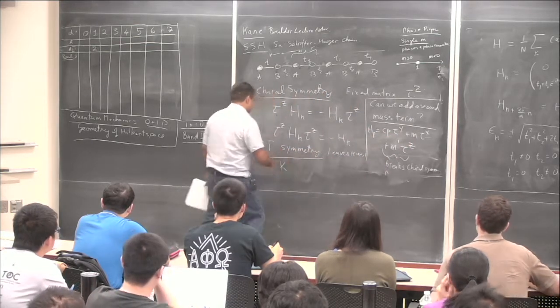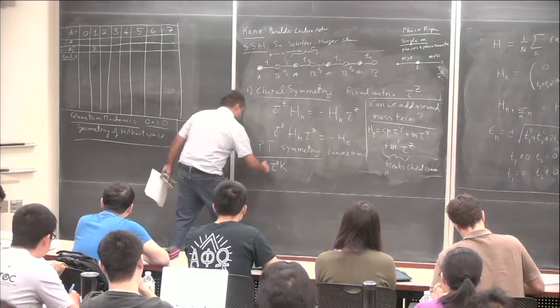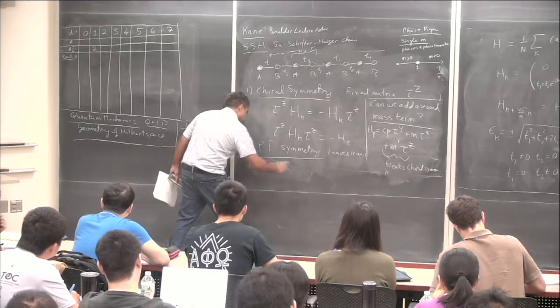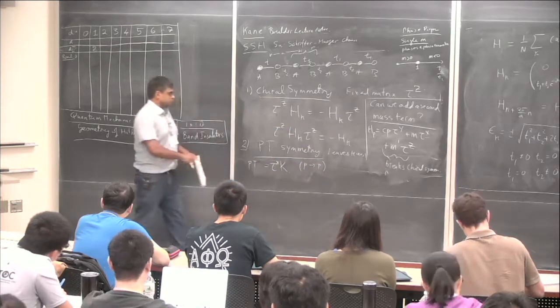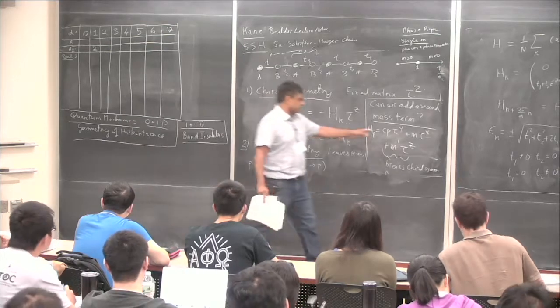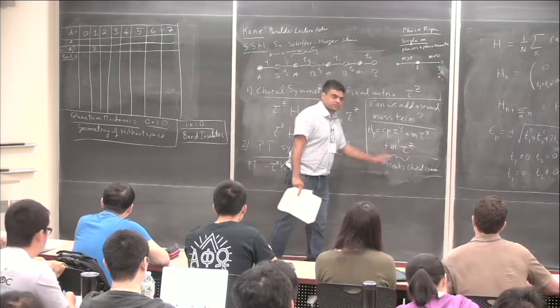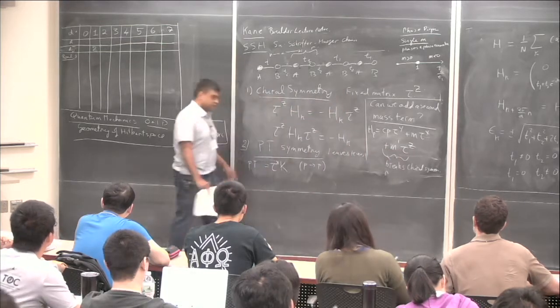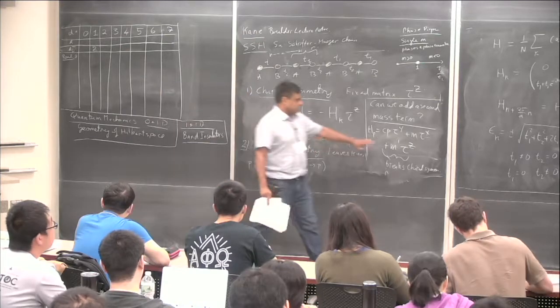So what you want to do is multiply this with tau x. So this is your PT symmetry, and the momentum P goes to minus P. This combination will keep these two terms invariant, but it will exclude this term. This will not be symmetric under this PT symmetry. So if we have PT symmetry, that's another way to exclude this term.